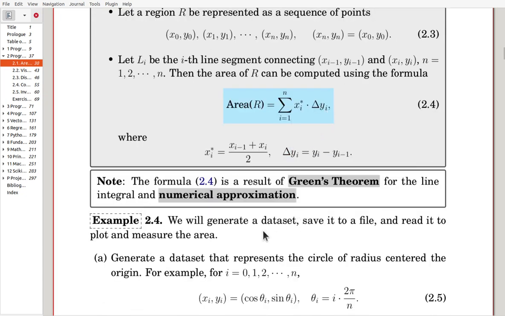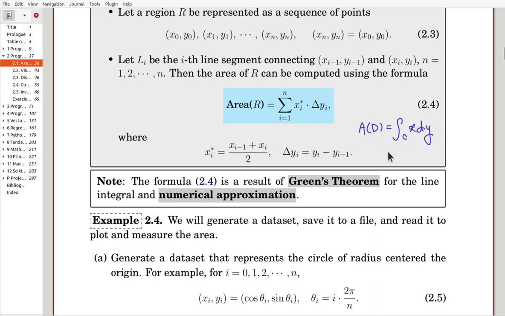The formula is a result of Green's theorem for the line integral and numerical approximation. If you go to vector calculus, in the application of Green's theorem, you'll see that the area of region D is the same as the integral over the closed curve of x dy.